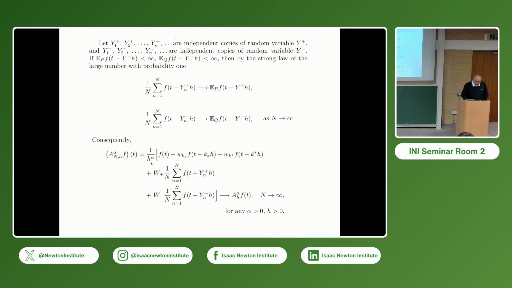And those W plus are actually the sums of positive probabilities. These are the sums for negative probabilities. And those terms in front are related just to the function and some finite numbers of deviating terms.